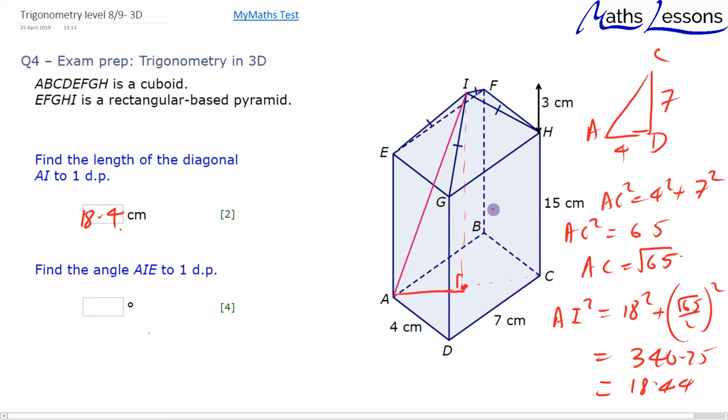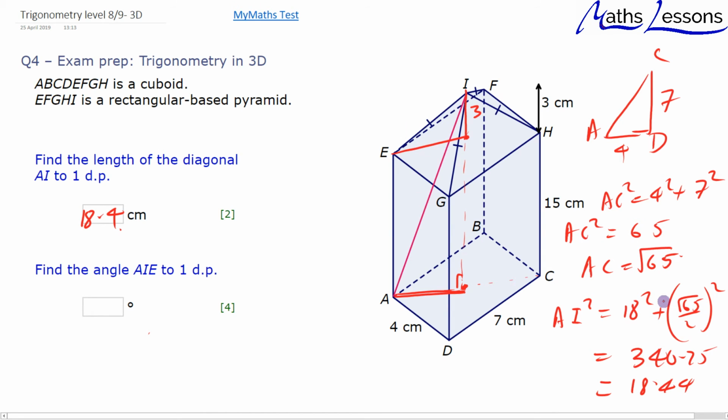Let me just think. EI, if you can imagine, there's a triangle here. That height is 3 to the base of this pyramid level with this rectangle here, because we know that length there is the same as this length here. So that is 3, and then this is square root of 65 over 4, isn't it?